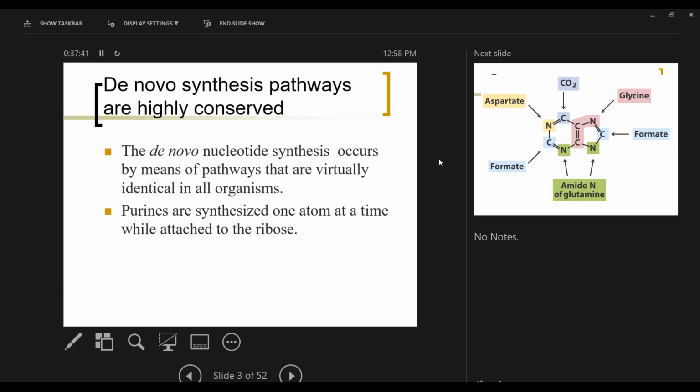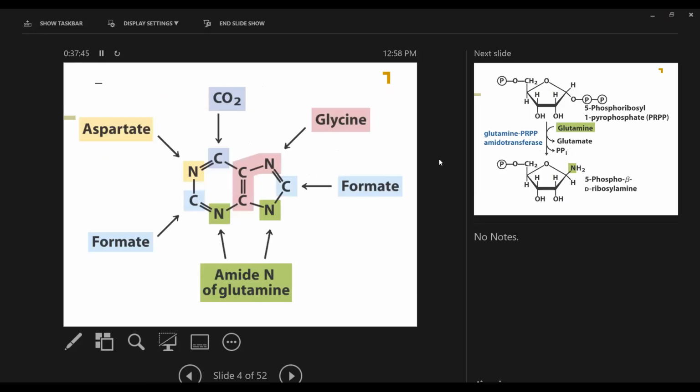Now, purines are made one molecule at a time. So if we break down a purine, we can see that carbon, carbon, nitrogen, those come from glycine.